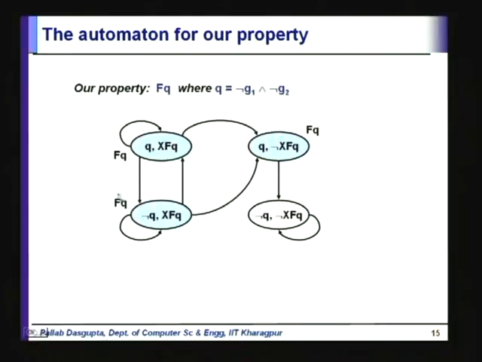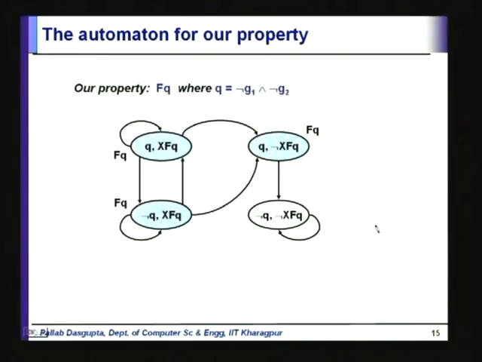So, this also satisfies FQ, right, and this state, which satisfies neither Q nor XFQ, does not satisfy FQ. Now, see, this labeling of states with FQ is done even without looking at the transitions.